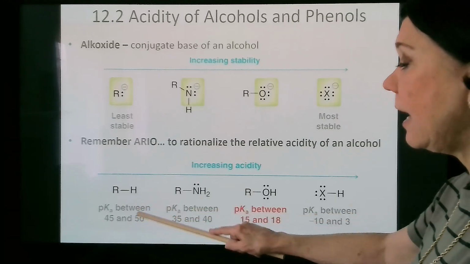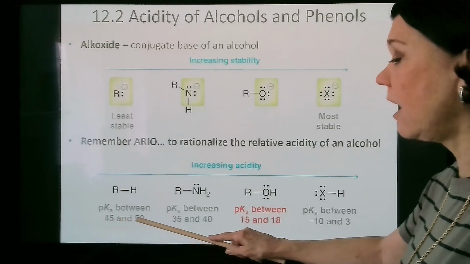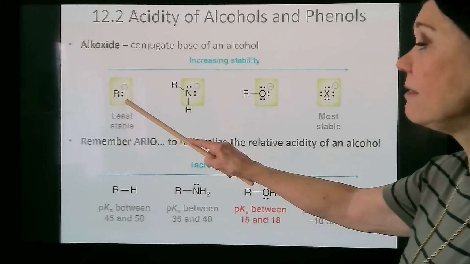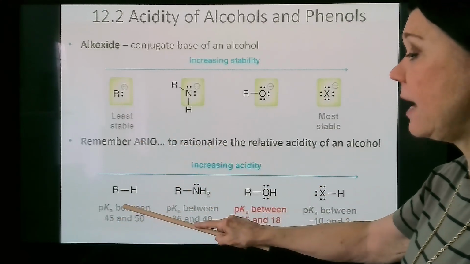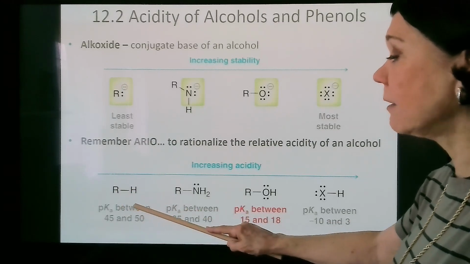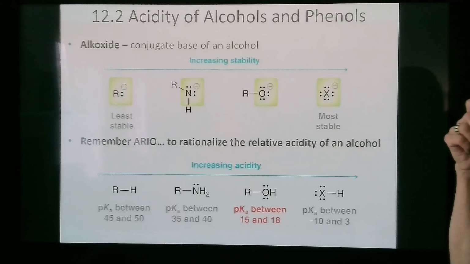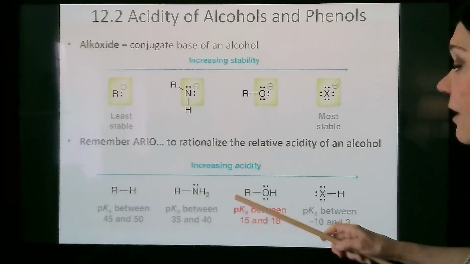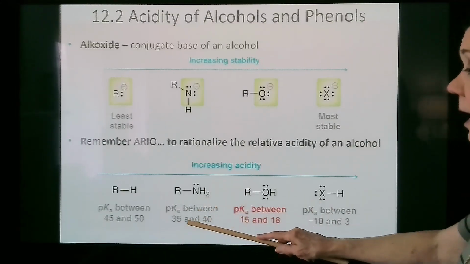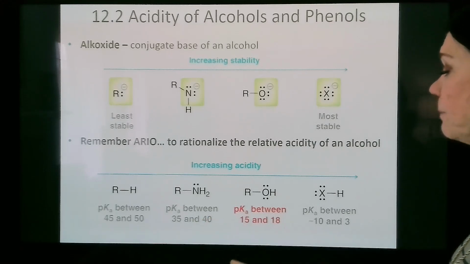Remember that alkanes have a pKa between 45 and 50, and that's why this is going to be the strongest base, because the corresponding acid has the greatest pKa. And then amide, the pKa is between 35 and 40.